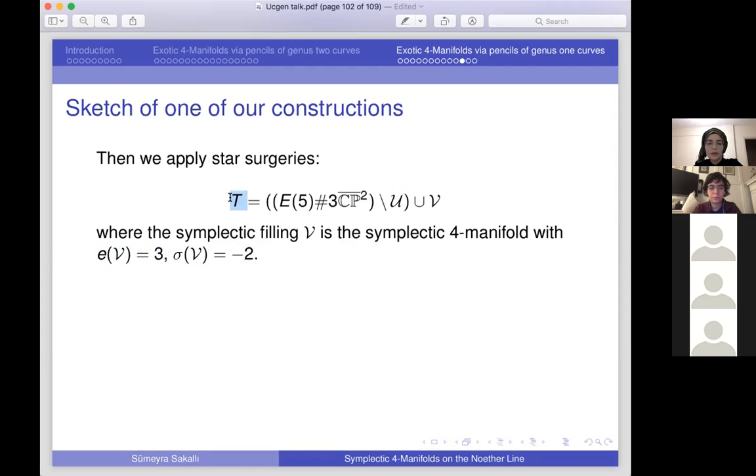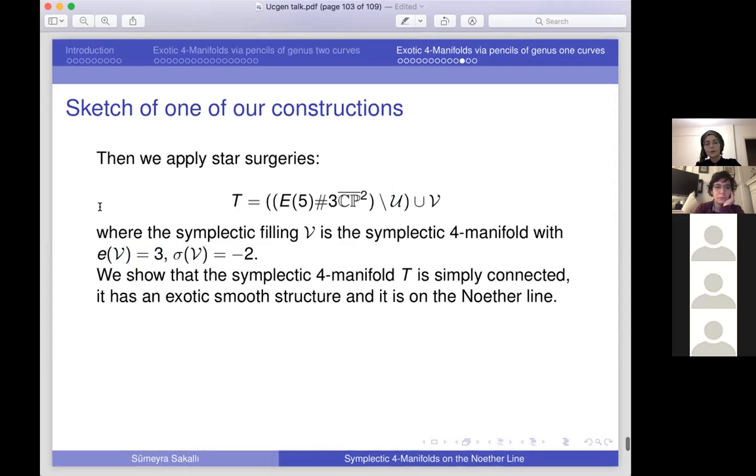And then I obtained such a manifold T. And next, I computed the properties of my manifold. So T is symplectic and simply connected. And it has an exotic smooth structure. And when I look at its invariants, I show that it is lying on the Noether line.